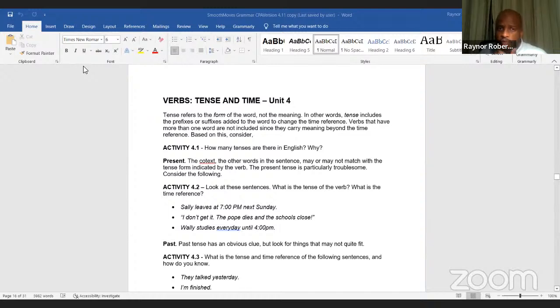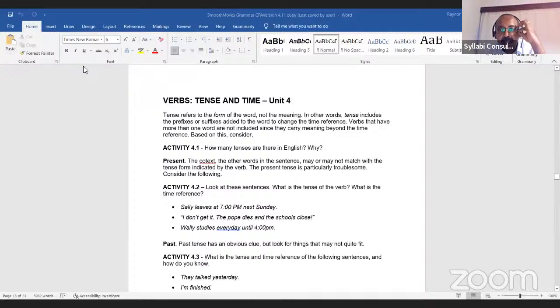What about this one? I don't get it. The Pope dies and the schools close. I don't get it. The Pope dies and the schools close. What's going on there? Well, that speaks to her current lack of understanding, which is continuous, which is present.